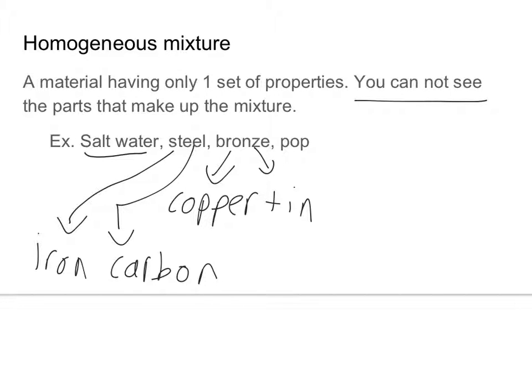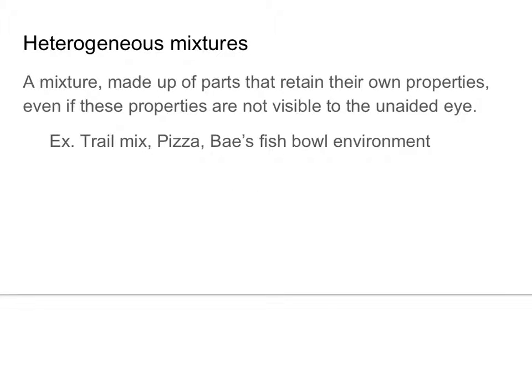And pop is a mixture of a whole bunch of substances, but primarily is water, sugar, or a syrupy kind of mixture, as well as carbon dioxide. So all these things are in themselves their own thing, but are made up of different components that combine to make those things.